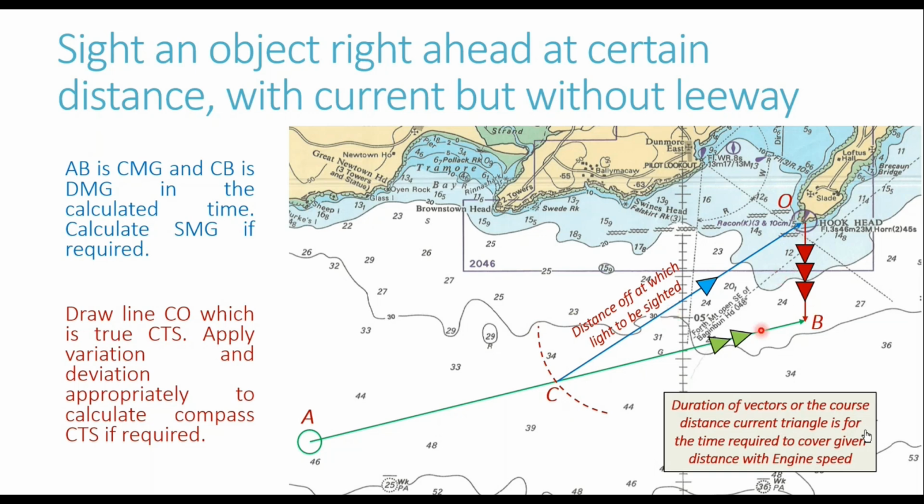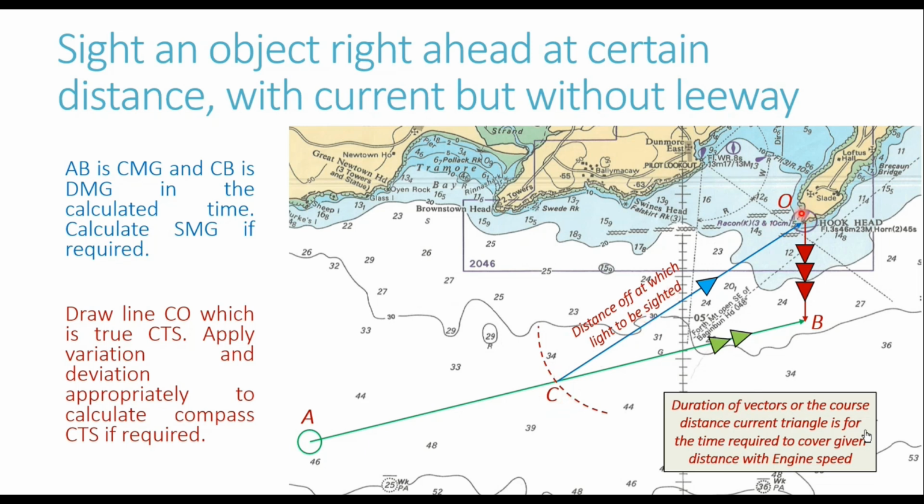And if you see this triangle OBC, Oscar Bravo Charlie, the duration of all the vectors, or the duration of the course distance current triangle, is for the time required to cover the given distance using our engine speed. Let us say if distance was 12 miles and our engine speed was also 12 knots, then this triangle is for 1 hour.